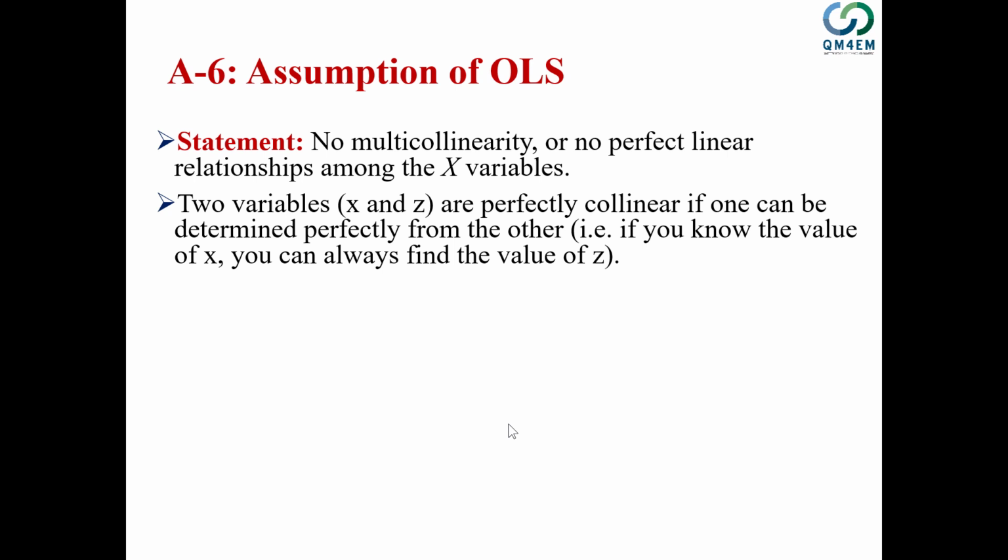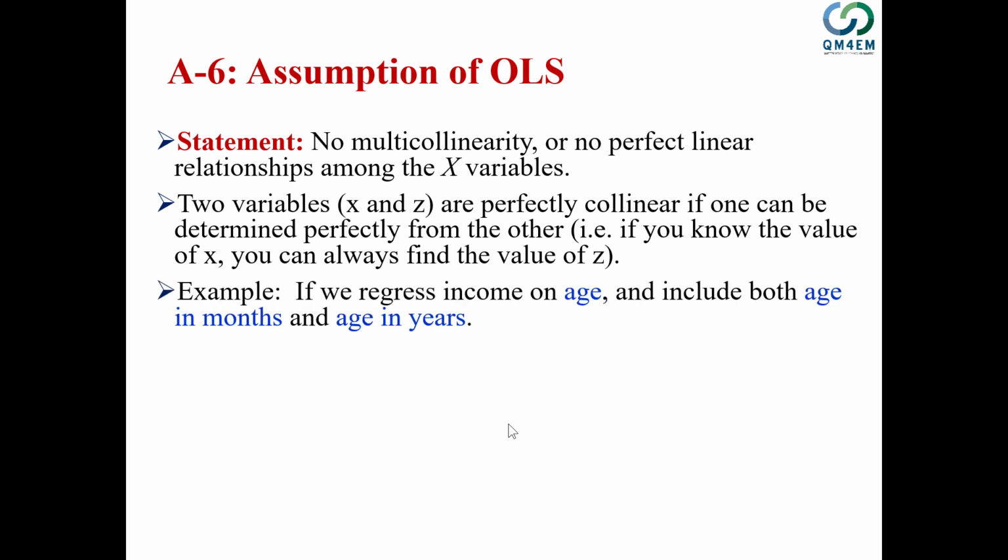So let me start with the dependent variable income, and then I'm going to regress this income on age, but I'm measuring age with age in months and age in years. Now you can clearly identify that age in months and age in years are two variables, but each is perfectly determined from the other, or in other words, they are perfectly correlated.